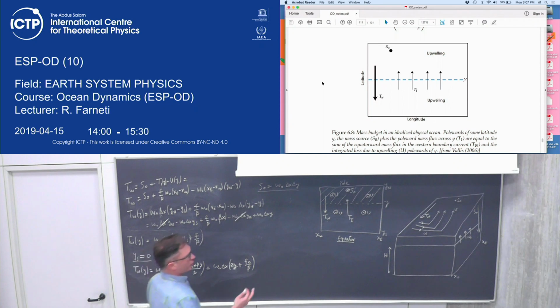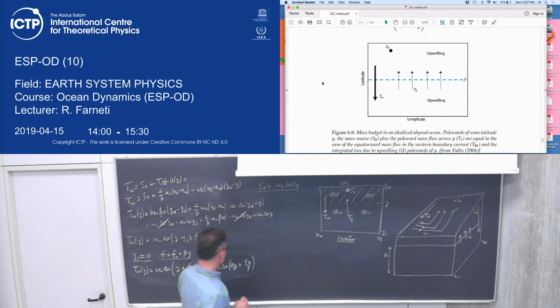If y south is at the equator, then f naught is equal to 0.